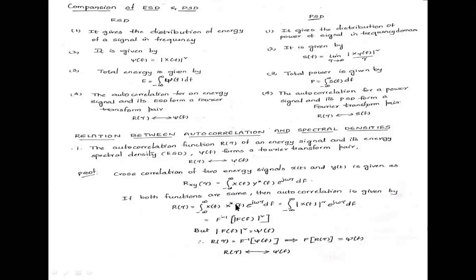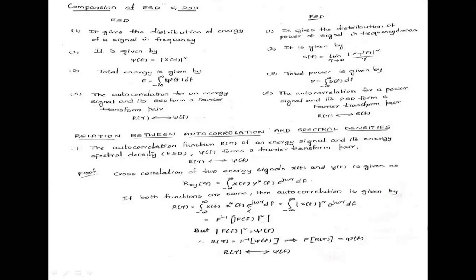Okay, got it, my dear students? I'm taking the R_xy of tau on the right-hand side. I am writing it in the frequency function, not in the time-domain function. Observe here: the integral of X of f, X star of f, e power j omega tau df.